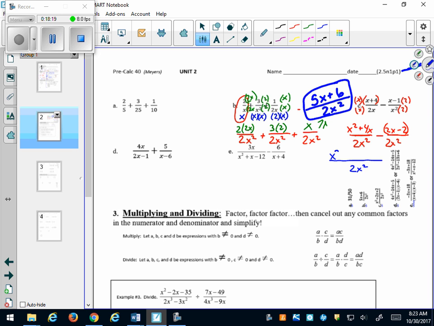You're going to have x squared plus 4x. Remember to distribute this negative now. Minus 2x plus 2. Most common mistake ever would be to forget to distribute that negative. Do you guys see why that's a plus 2? Yes? Okay, so now we can simplify this. We get x squared plus 2x plus 2 over 2x squared.